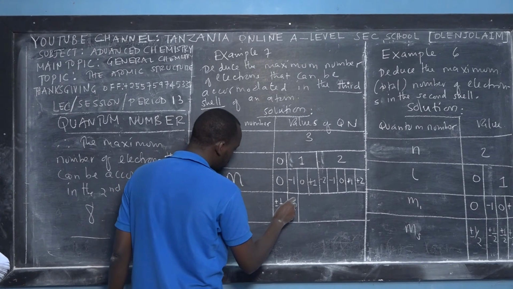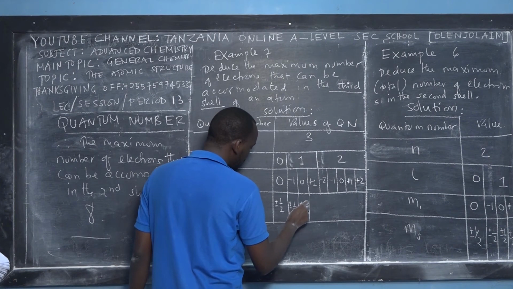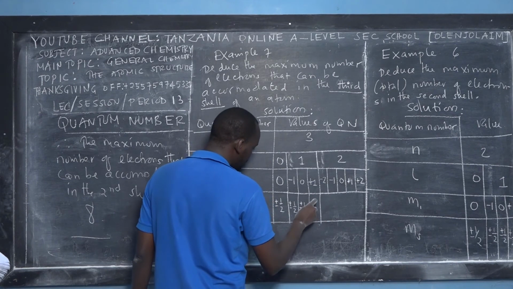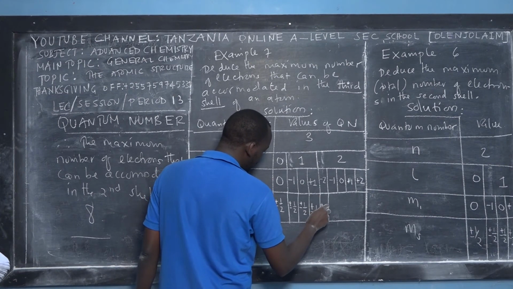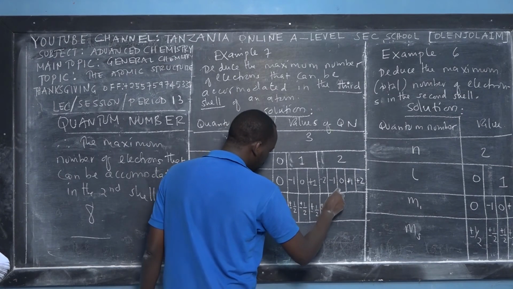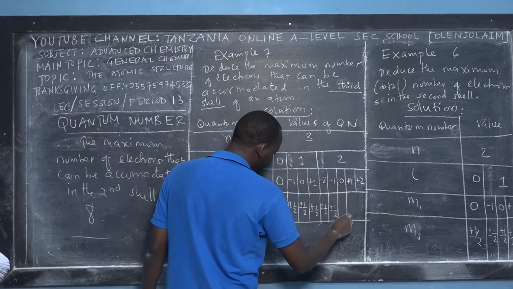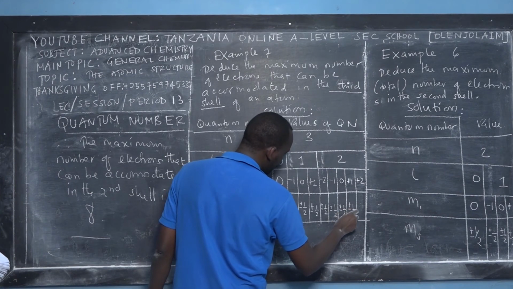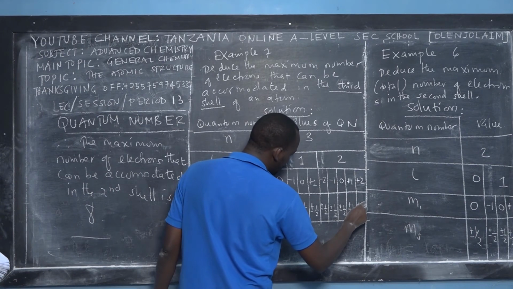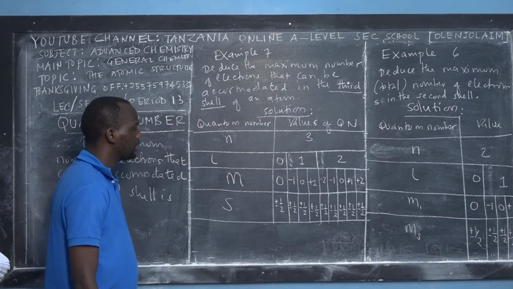Again, plus and minus a half, 2 electrons. Then again plus and minus a half, 2 electrons, and so on for each of the nine orbitals, 2 electrons each.